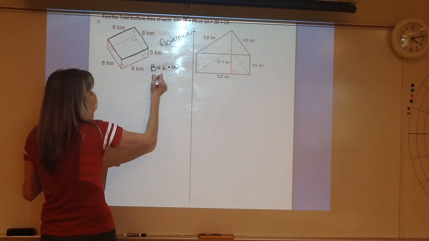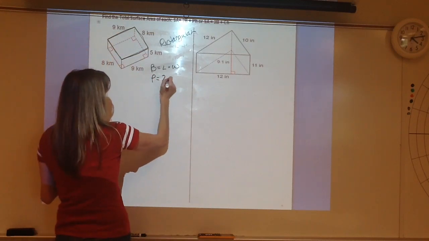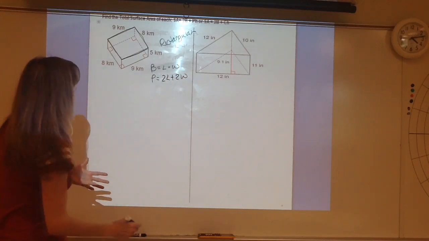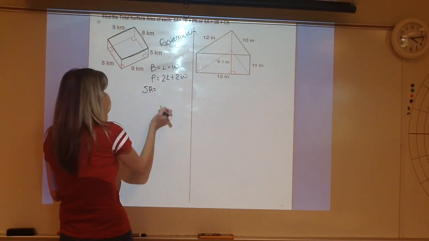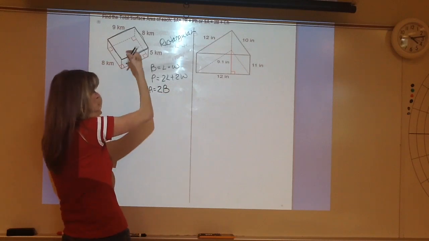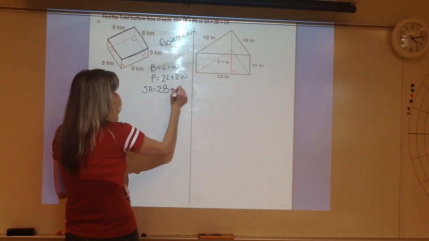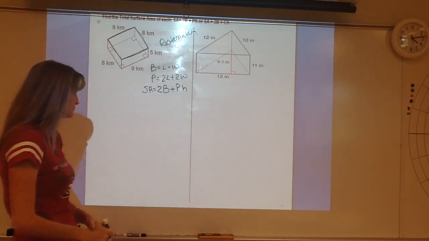And the perimeter is adding up all the sides of that rectangle, or 2 times the length plus 2 times the width, either way that you want to do it. Because the formula says the surface area of a rectangular prism is 2 times the area of the base, because there's two bases, that makes sense, plus the perimeter of the base times the height of the prism.